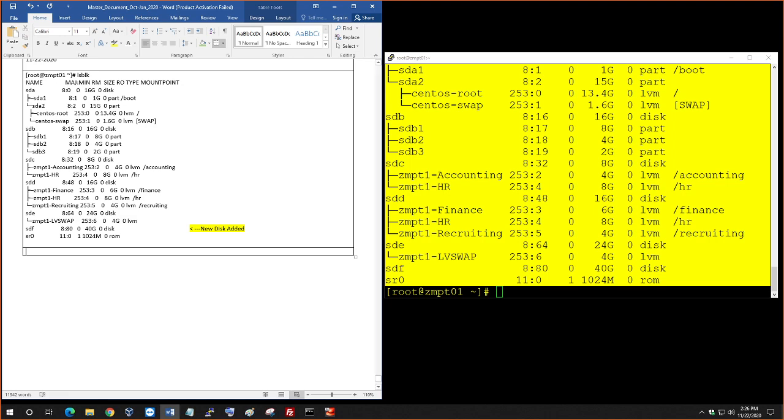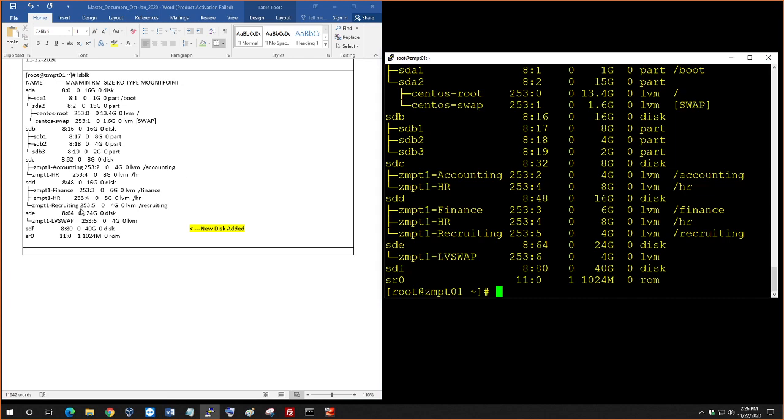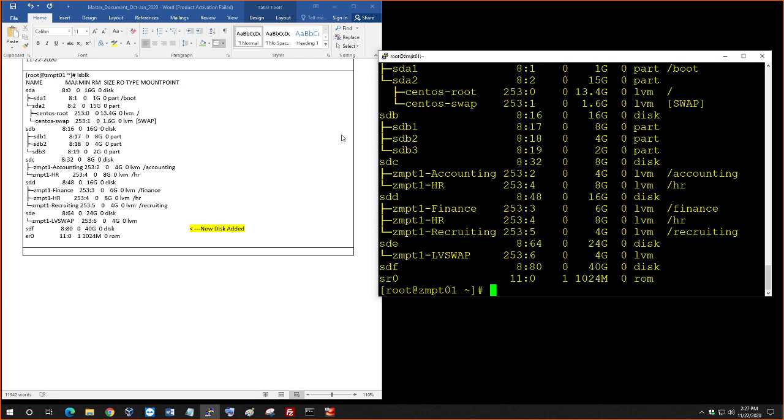But this is not part of an LVM yet. It's just a disk sitting there, not being used.